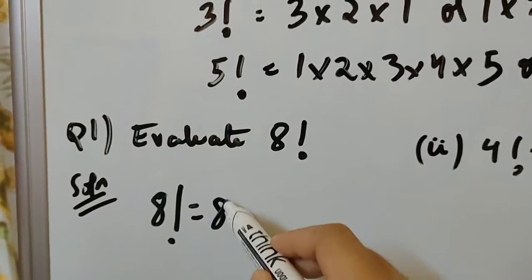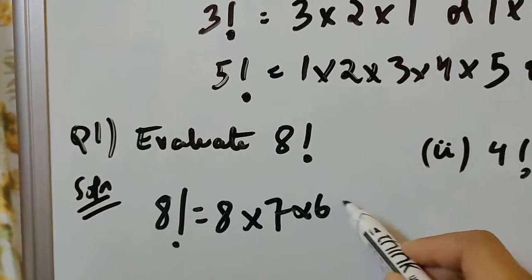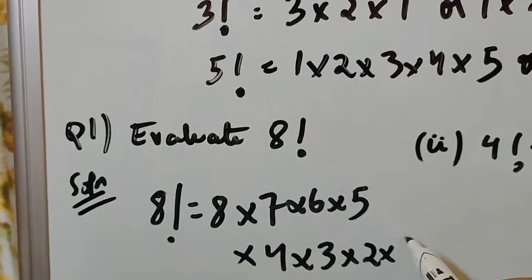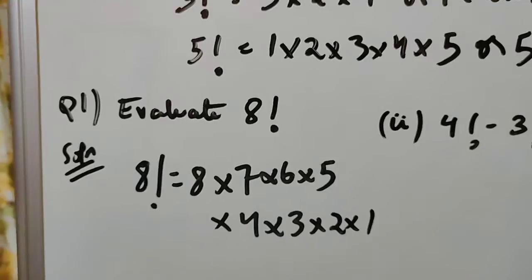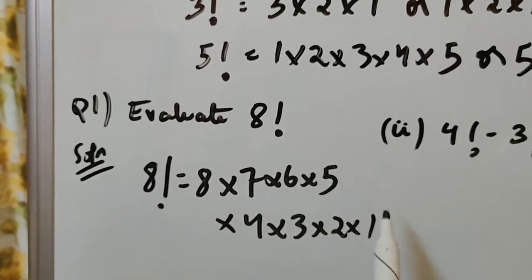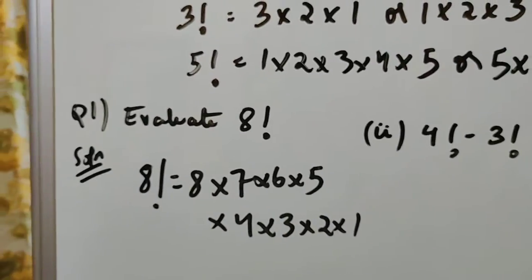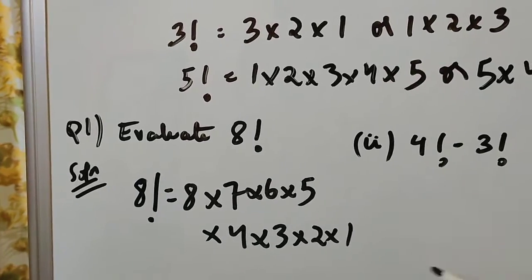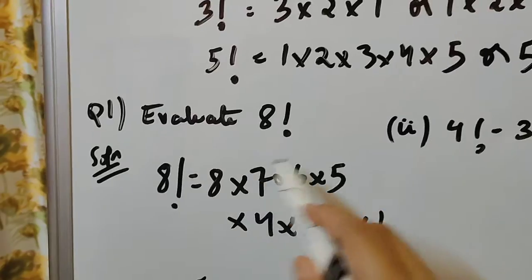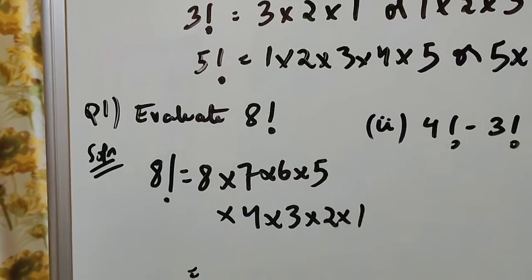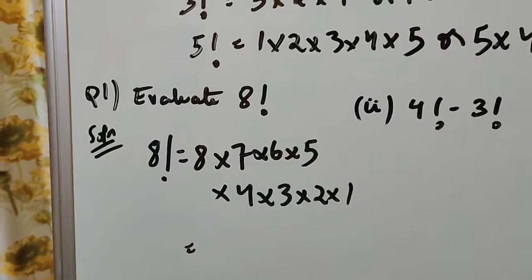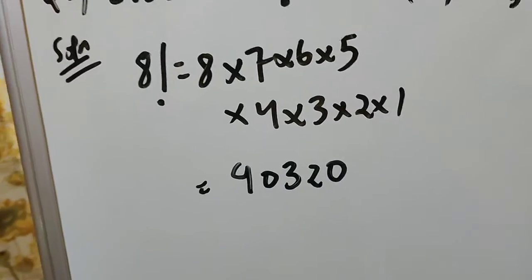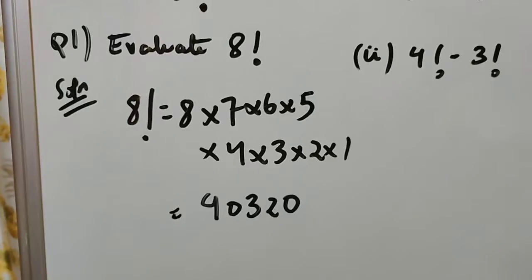It can be written as 8 into 7 into 6 into 5 into 4 into 3 into 2 into 1. Till 1 we have to write. Or you can start from 1 to 8 also, not a problem, but you must end or start with 1. So multiply all the natural numbers and you will get the answer. The final answer is this one. Simply multiply.